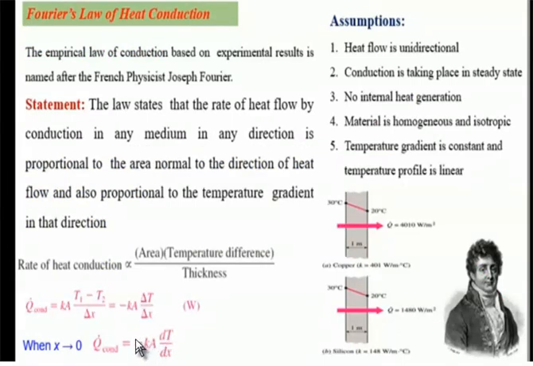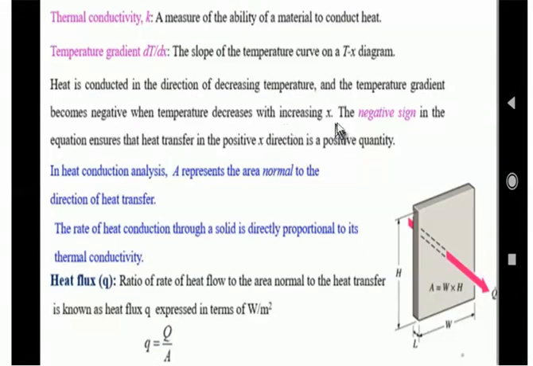This minus indicates that if the thickness of the material increases, the temperature difference decreases and tends to be negative. The negative sign in the equation ensures that heat transfer in the positive x direction is positive. The negative sign indicates that heat is flowing from the higher temperature region to the lower temperature region.